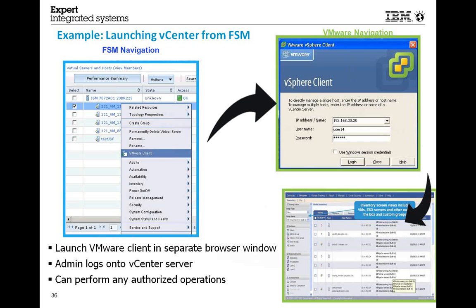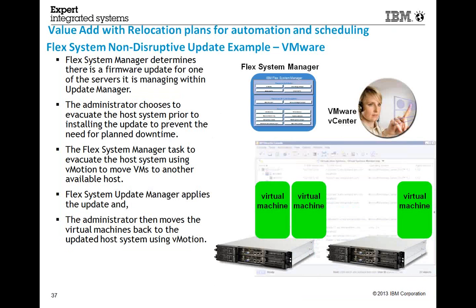And the vCenter can then integrate with the hardware console, right? So, for example, we're creating a logical plan, right? Now, if you want to do a firmware upgrade on a physical server, what you would do is a non-disruptive update. I'll explain how that works. FSM determines that there is a firmware update for one of the servers it is managing in the update manager, right?